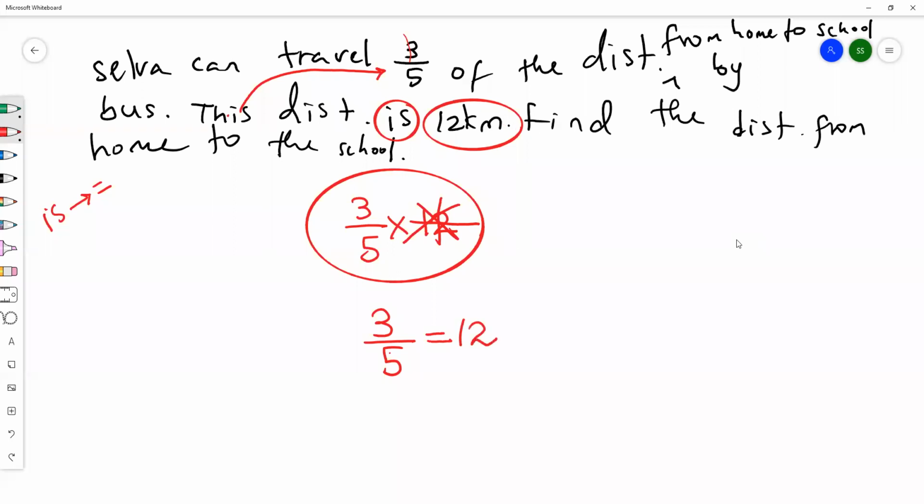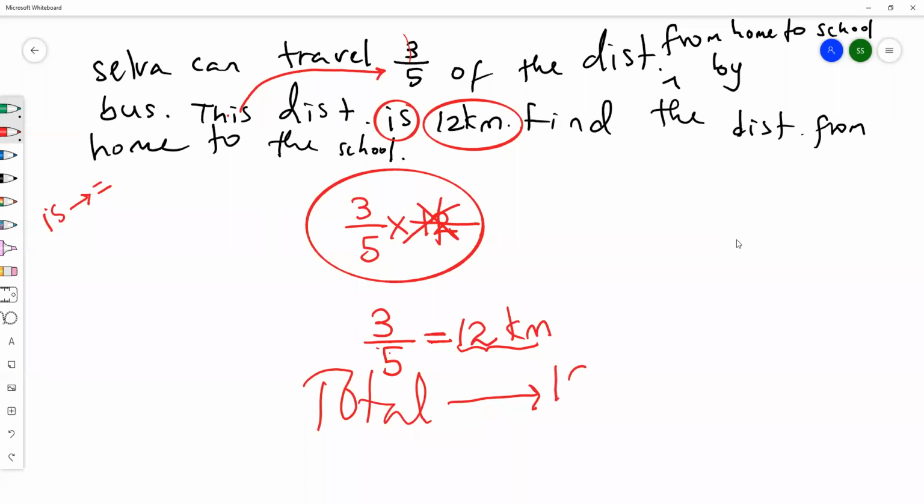Now see my word. Fraction equals something. Fraction is there, equal is there, something is there. To find the total, what will happen to the fraction? It will change to reciprocal.